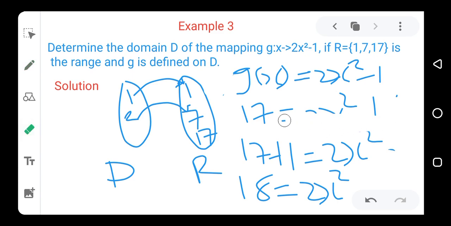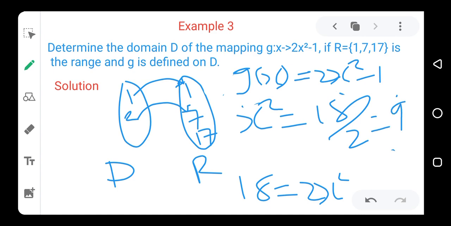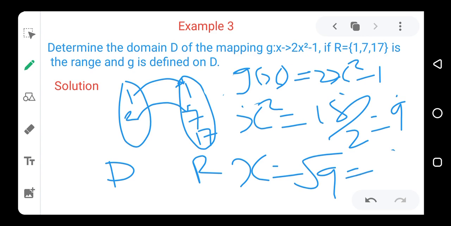This gives us that x raised to power 2 is equal to 18 over 2, which is equal to 9. And therefore, our x is equal to root 9, which gives us 3. So the value in the domain that gives 17 using this relation is equal to 3. So 3 maps to 17.